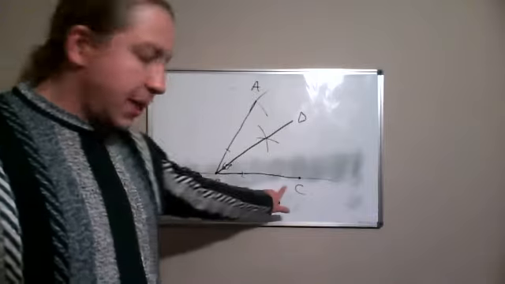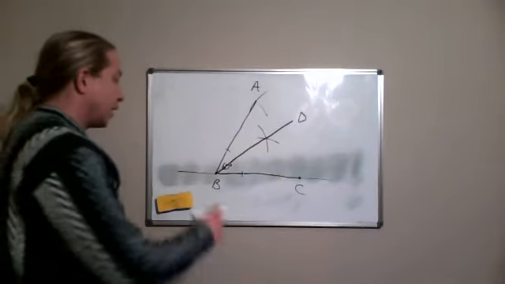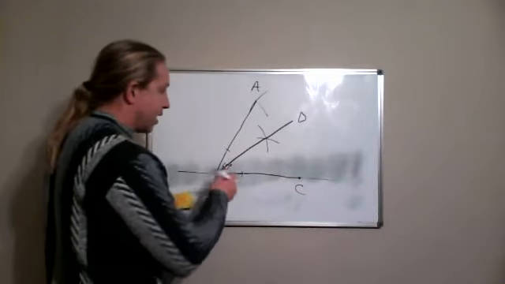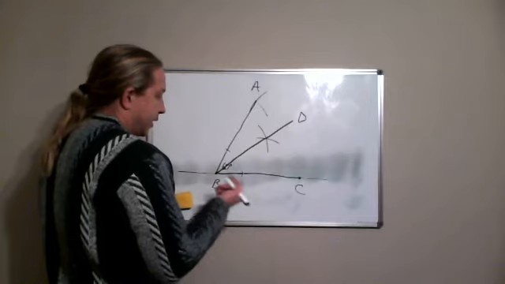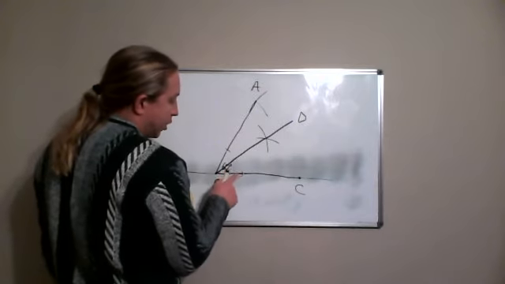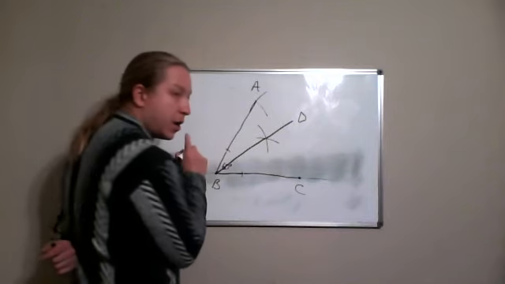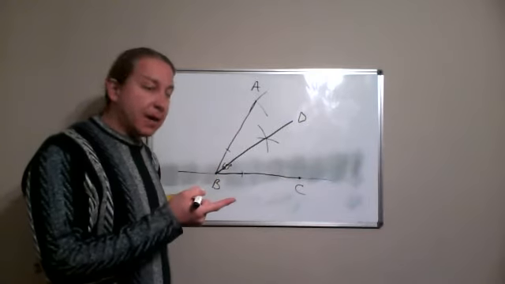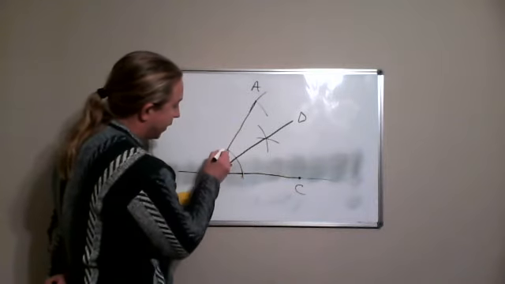Now bisect DBC with a line BE. We need to do the same again, but now only for this 30-degree angle. That's easy, we're going to do the same thing. You can even use the same mark. If you are bisecting angles, you can draw an arc through like that.